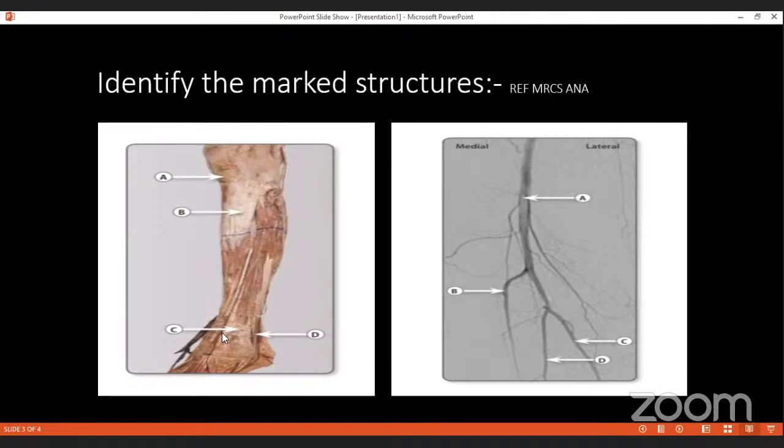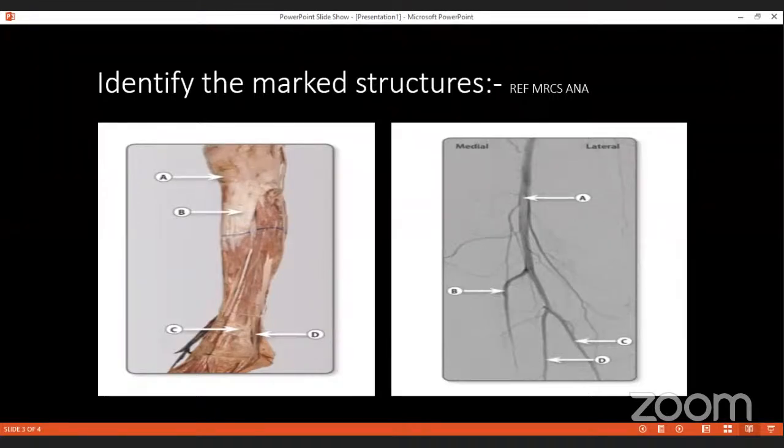Can you tell me how these structures, from medial to lateral or superficial to deep, pass below the extensor retinaculum? Can you name the structures? From medial to lateral, yes please.